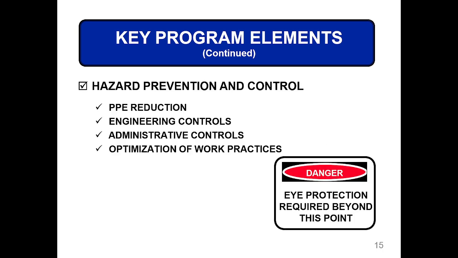So we are looking at hazard prevention and control: PPE, engineering controls, administrative controls, optimization of work practices. So it's really important to understand what hazard prevention and control is, and this is actually a part of, I think, last week's course on HIRAC.